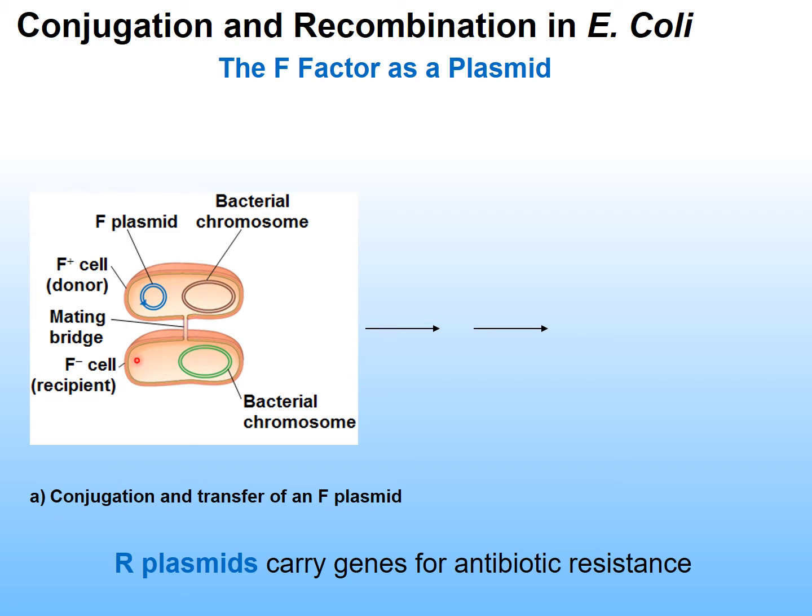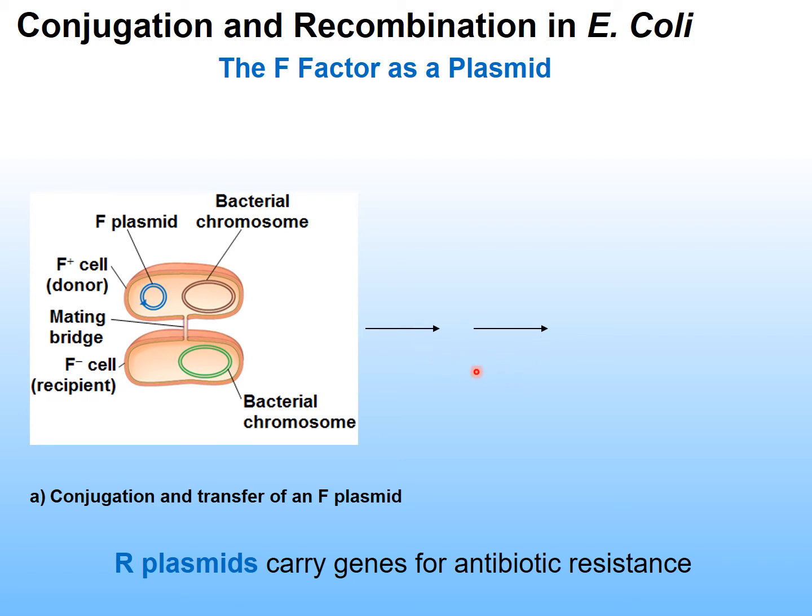And here you can see the recipient cell does not have the F factor or the F plasmid. So basically the F plasmid is a small extrachromosomal piece of DNA with the F factor genes on it.